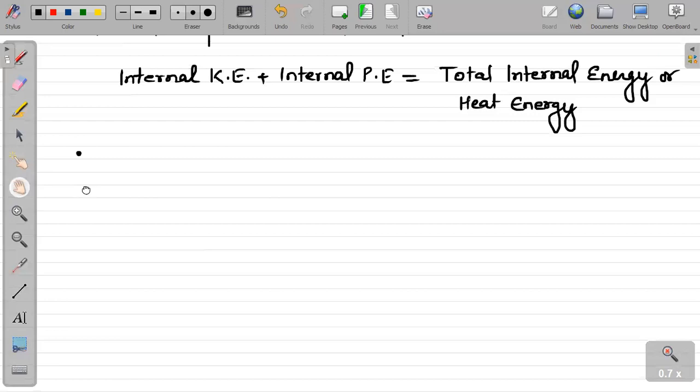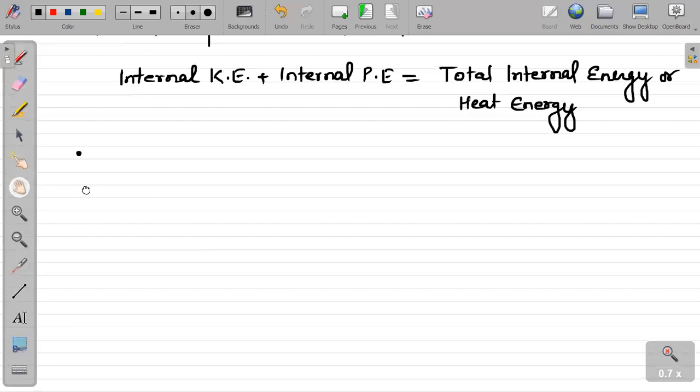When two bodies at different temperature are kept in contact, heat flows from body at higher temperature to body at lower temperature. The average kinetic energy of a substance is a measure of temperature of the body. Okay?